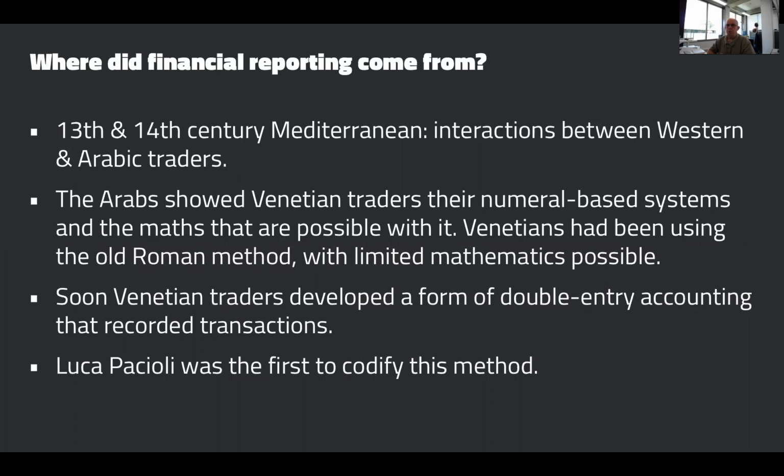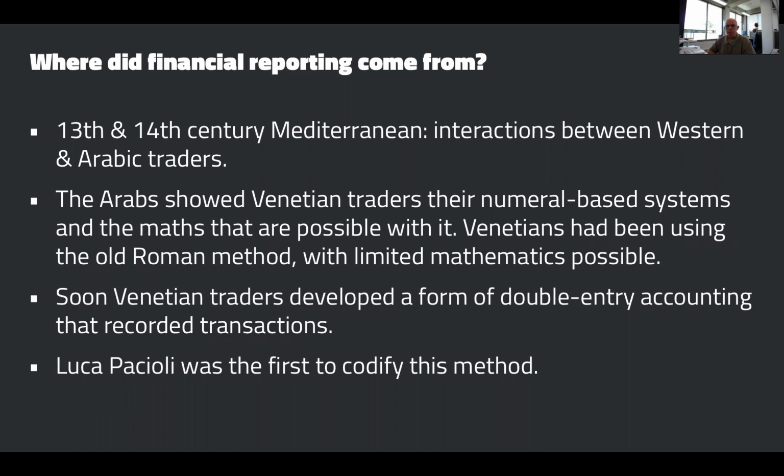But if we take a trip back through time, it's useful to know where financial reporting came from. Now, accounting has been around ever since people have lived in societies and needed to account for their wealth. But financial reporting, as we know it now, really had its origins in Renaissance Europe, in the Mediterranean around the 13th and 14th century, when a lot of Western traders, principally from what we now know as Italy, interacted with the Arab traders.